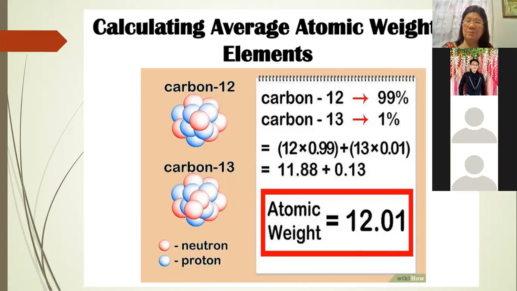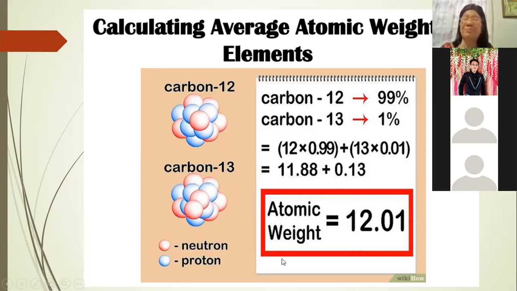That's 99%, so multiply it with 0.99, plus carbon 13. How abundant is it? That's 1%. 1 divided by 100 is 0.01. Multiply this, then add.